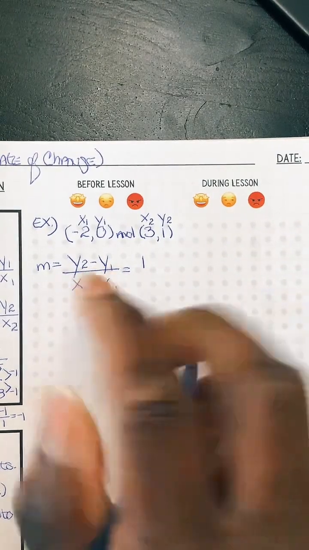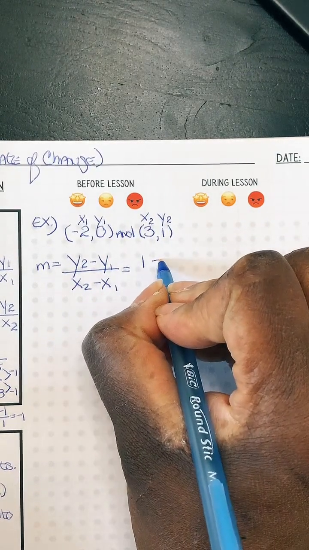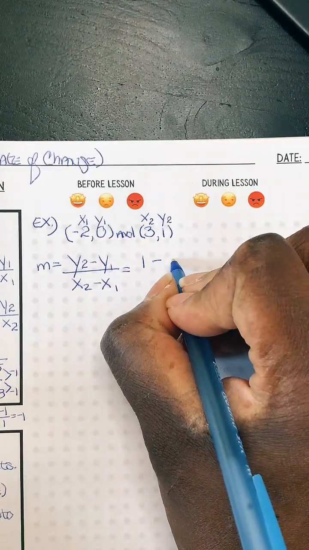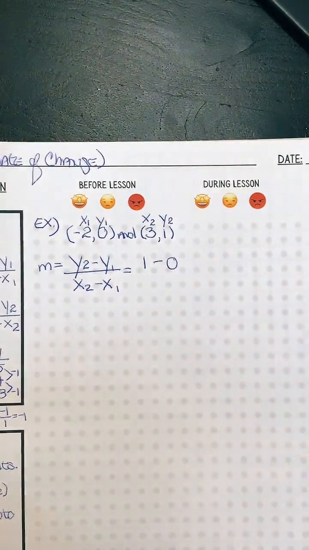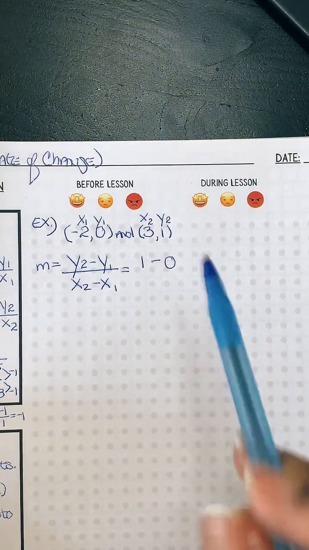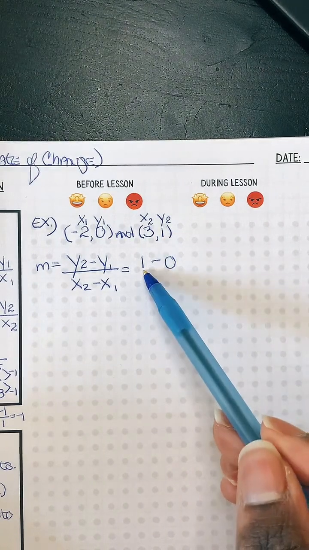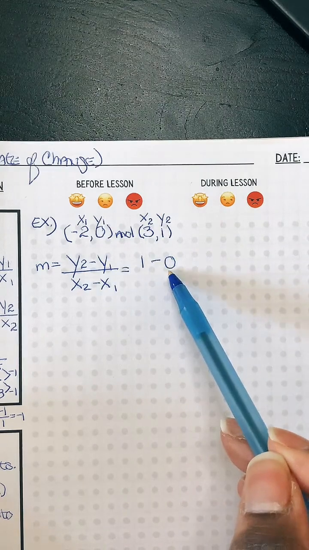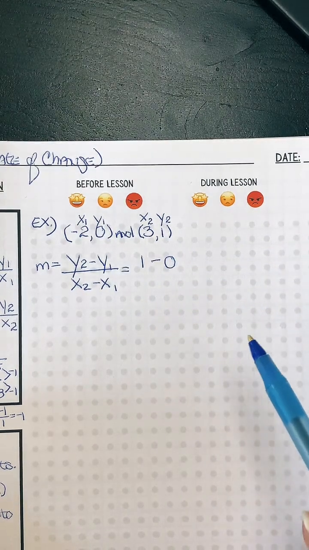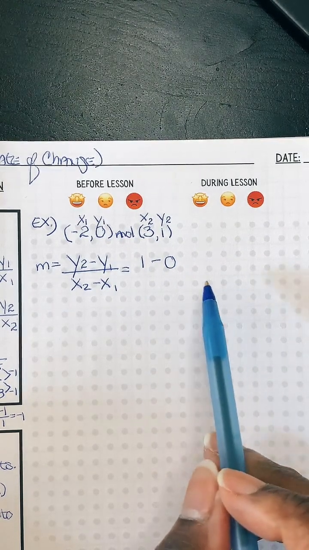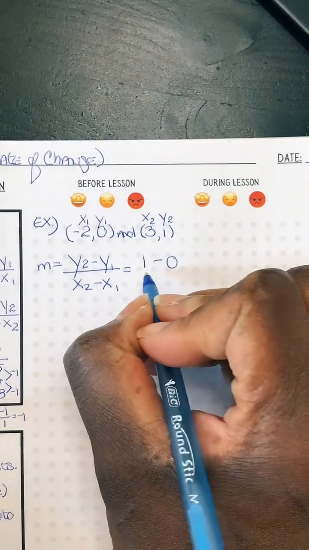There's a minus sign, so I bring that down with the formula. My y1 is 0. So let me stop right there and see how you guys are doing. Okay, so my y2 is 1. My y1 is 0. Okay, all right, good. So now we're doing the x's.